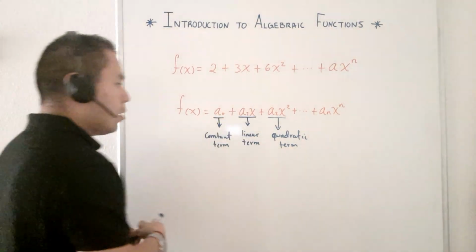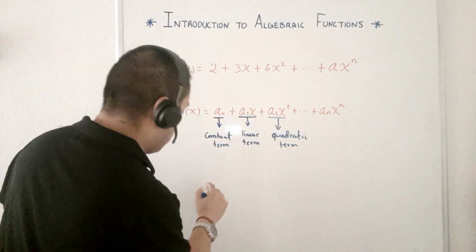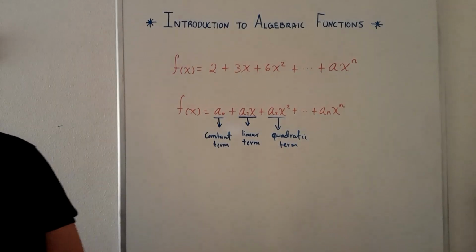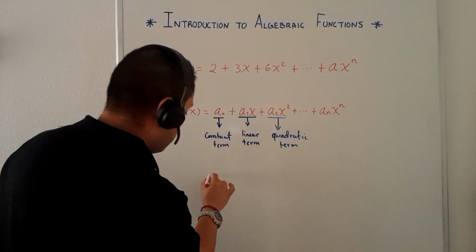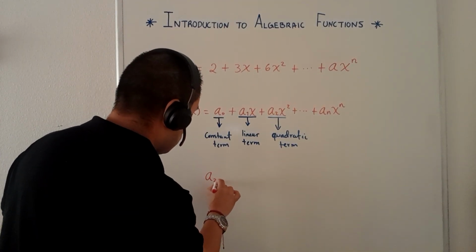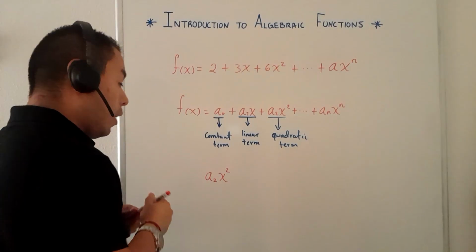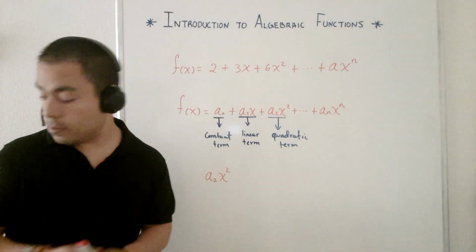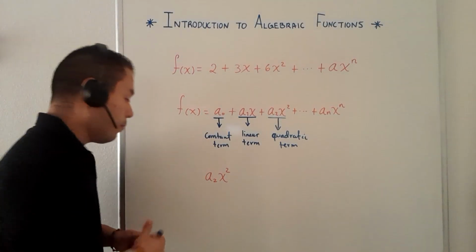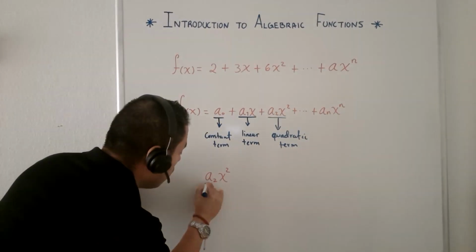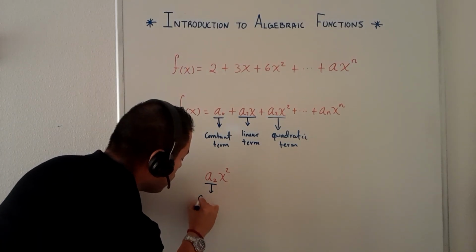If I take just a term, for example the quadratic term, a2 x squared, then each term is also divided in parts. The a2 in this case is called the coefficient.